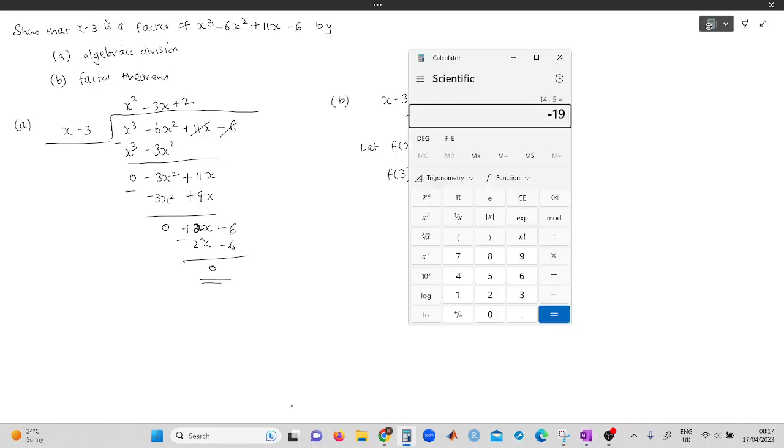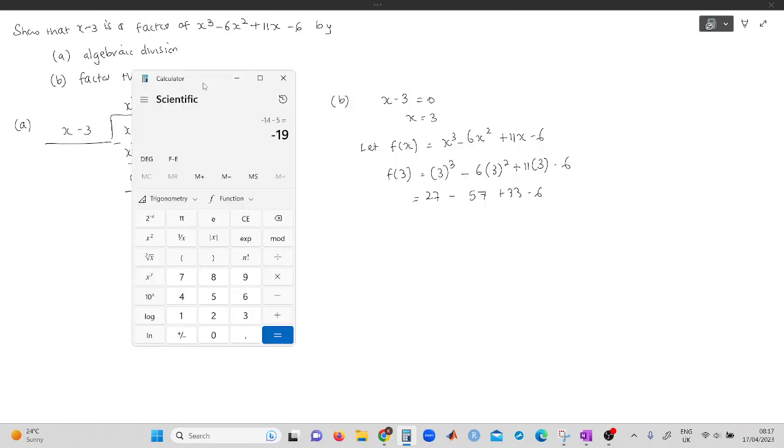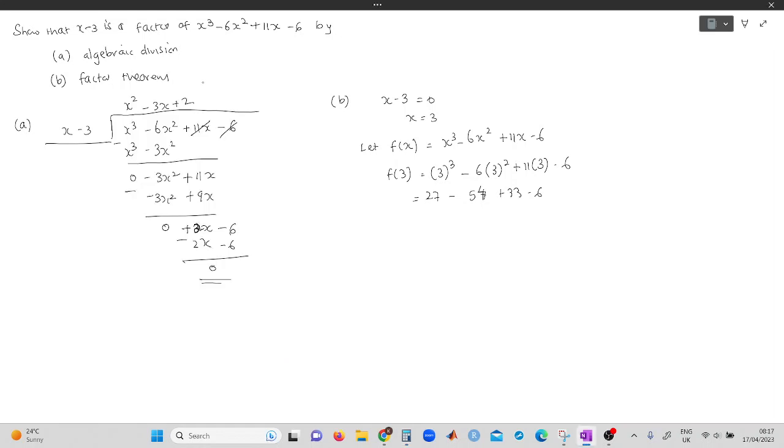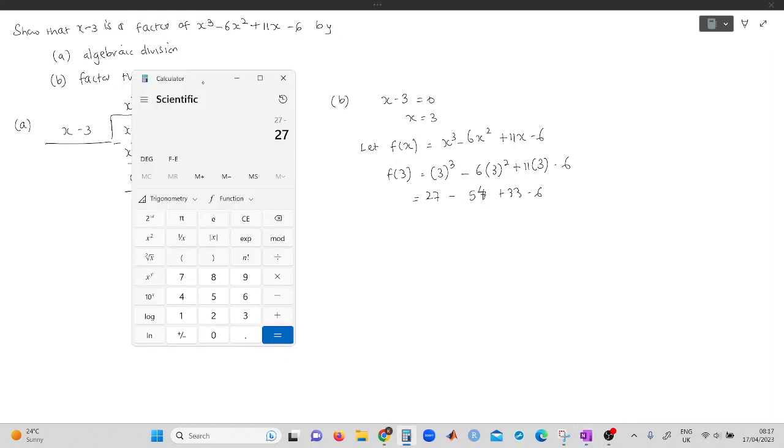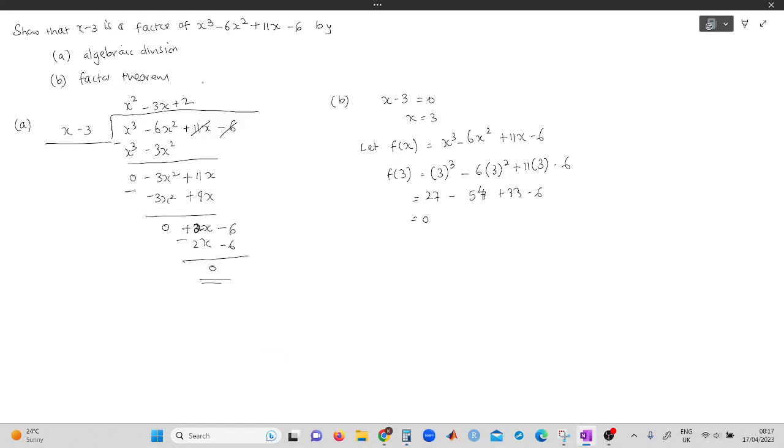Let's try it. Donc, j'essaie ça devant vous-même. Donc 27, ici c'est 54, ok? 27 retirer 54 plus 33 retirer 6. 0. Voilà. Okay, therefore you can say that, hence, it has been proved that x minus 3 is a factor of the polynomial.